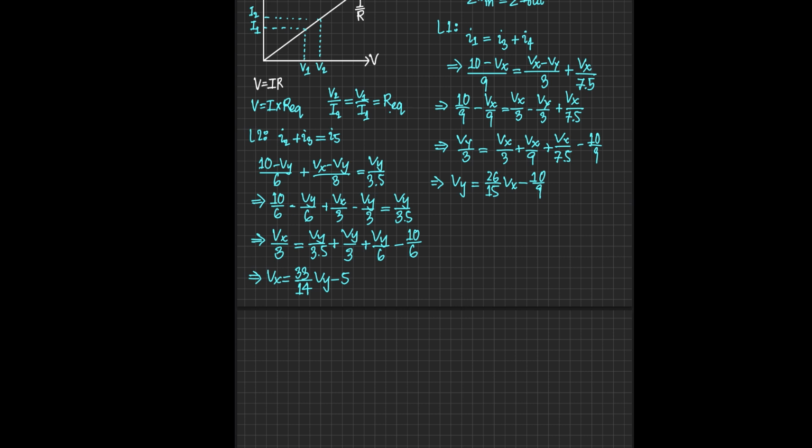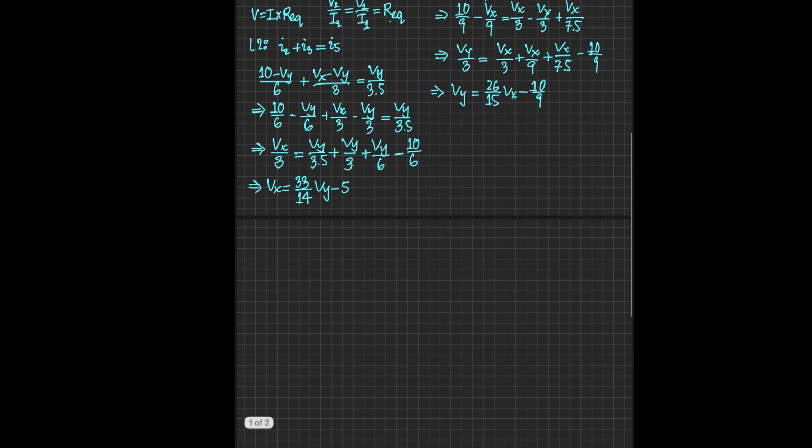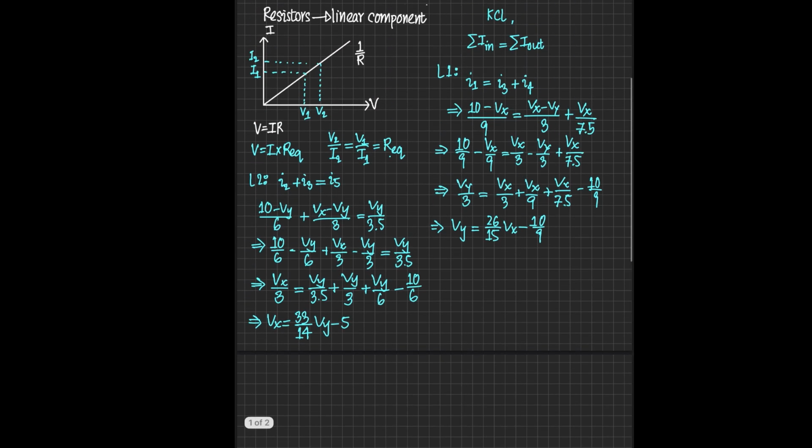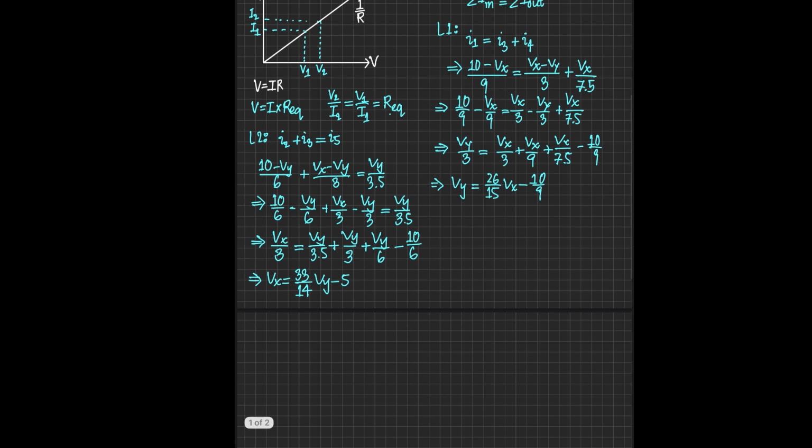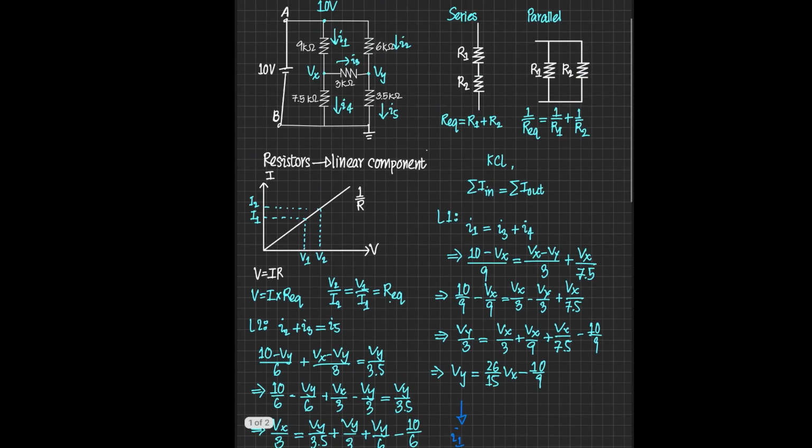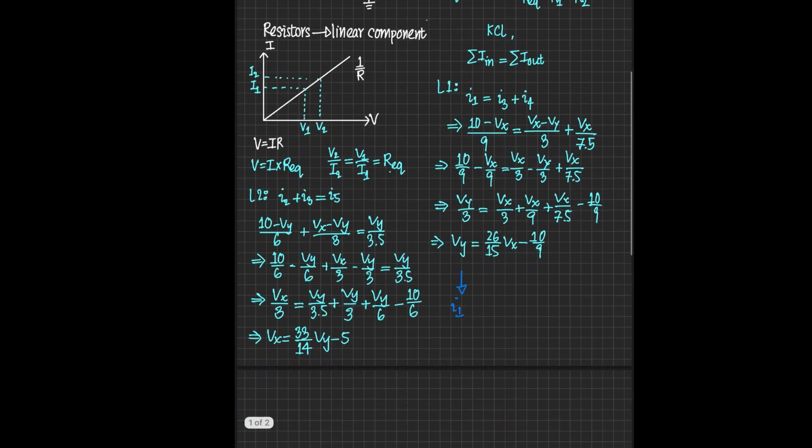Okay, so we have two equations here, L2 and L1. We can simply substitute one into the other to get our Vy and Vx, which we can use to find I1 and I2. If we add them together, we get the equivalent current.